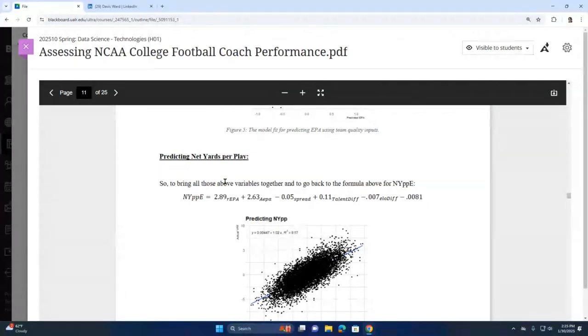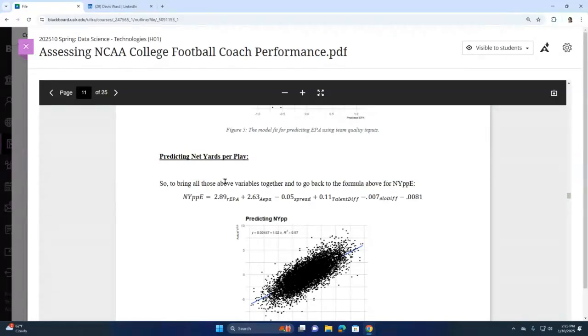When he looked at the correlation, he found that teams that do a better job moving the ball are generally the teams that end up winning. He said what he liked about yards per play is, one, it's a good proxy for winning, and he also felt it's a little more robust. It is not so skewed by that fluke play. So he liked it for those reasons.